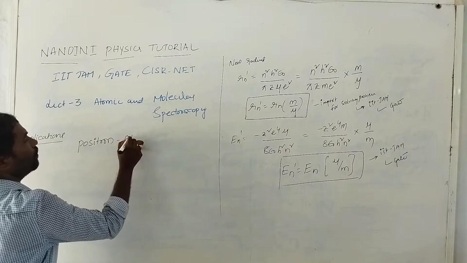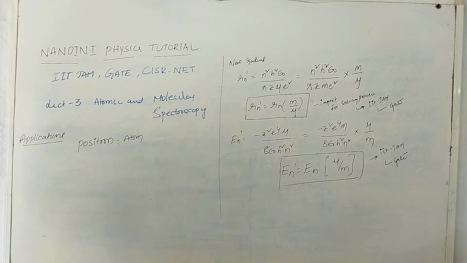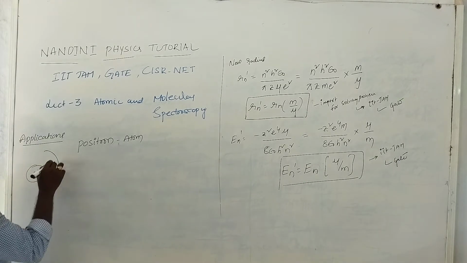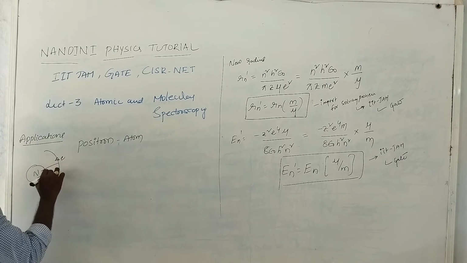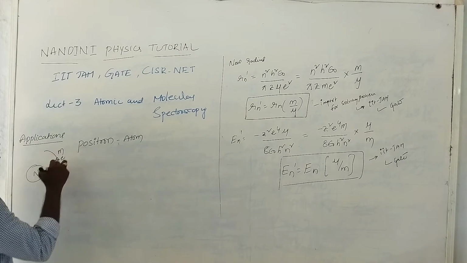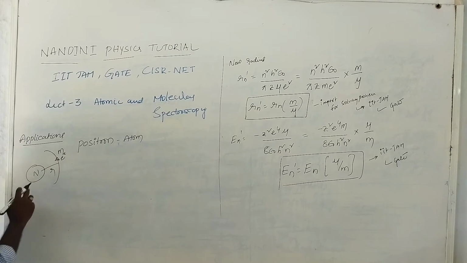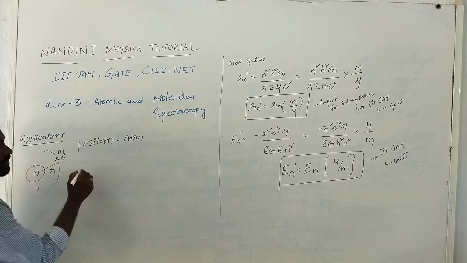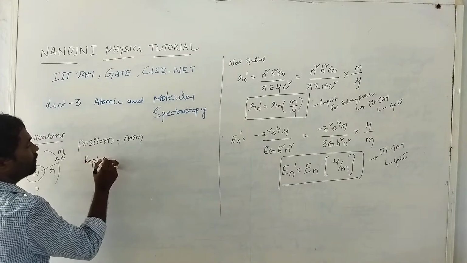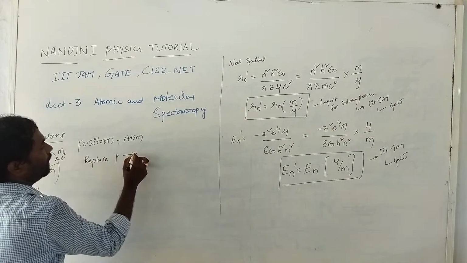So what is a positron? Generally this is the nucleus of the atom and the electron is revolving around this nucleus. The mass of the electron is small m e. If you consider this a proton, because the charge of the nucleus is a proton, just replace the proton in terms of a positron.